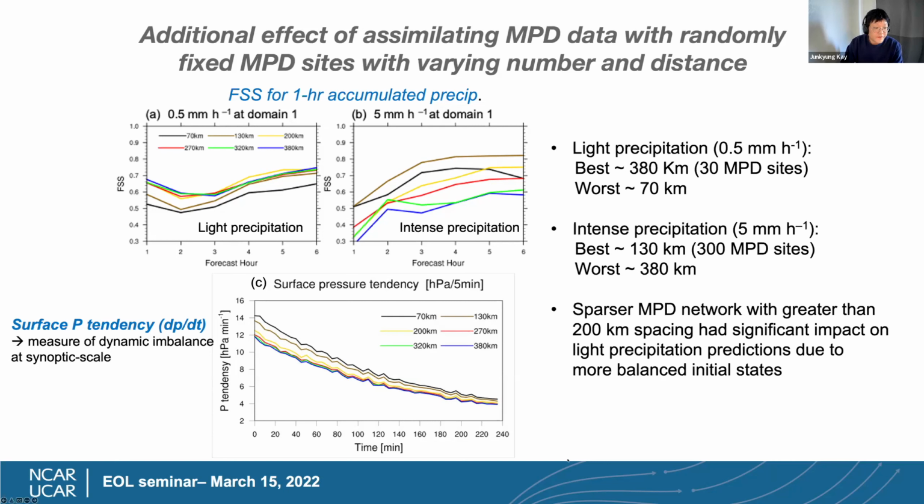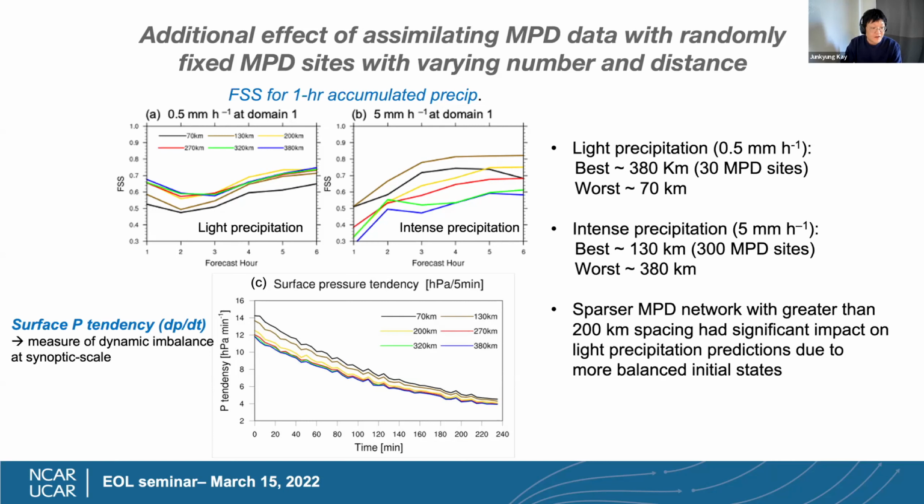So figure C shows the surface pressure tendency, which is a measure of dynamic imbalance at a synoptic large scale. It shows that the very dense spacing of the network, for example the 70 kilometer spacing, has the highest score of pressure tendency, indicating that the dense MPD network can cause some imbalance in the analysis field.